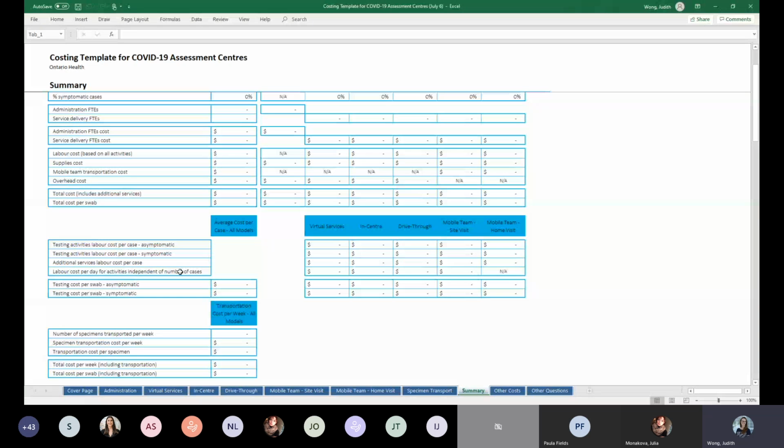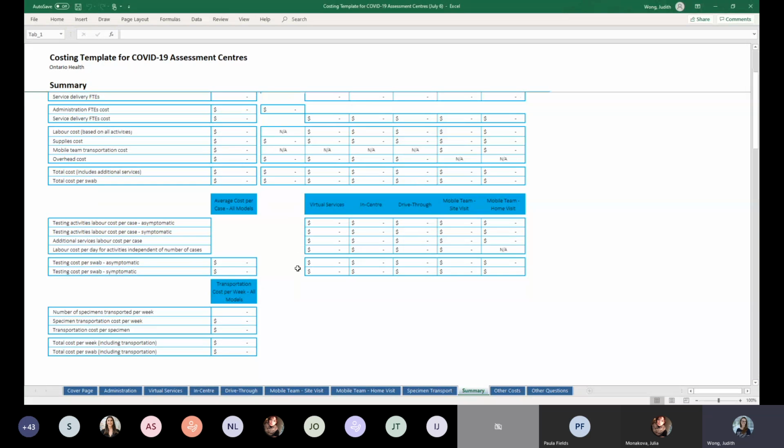It also gives some breakdown on the labor activities for asymptomatic versus symptomatic patients, which I had highlighted earlier. Some of the activities we're capturing differently for asymptomatic versus symptomatic, so we can understand the difference in cost between those patient types. The additional services, as well as the labor costs independent of the number of cases.